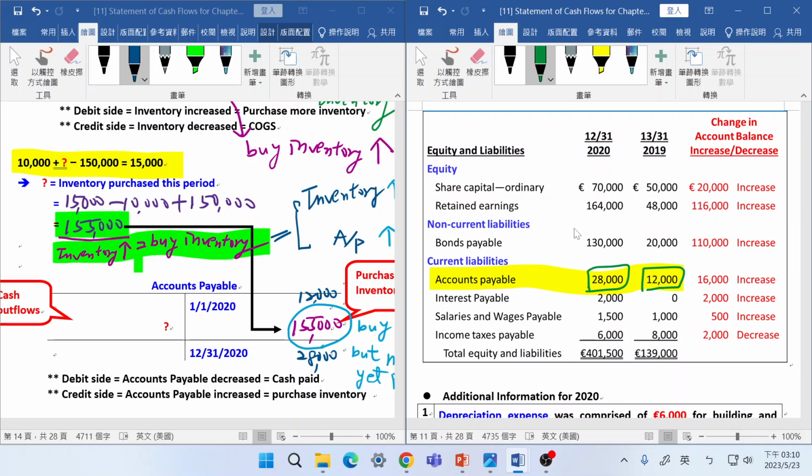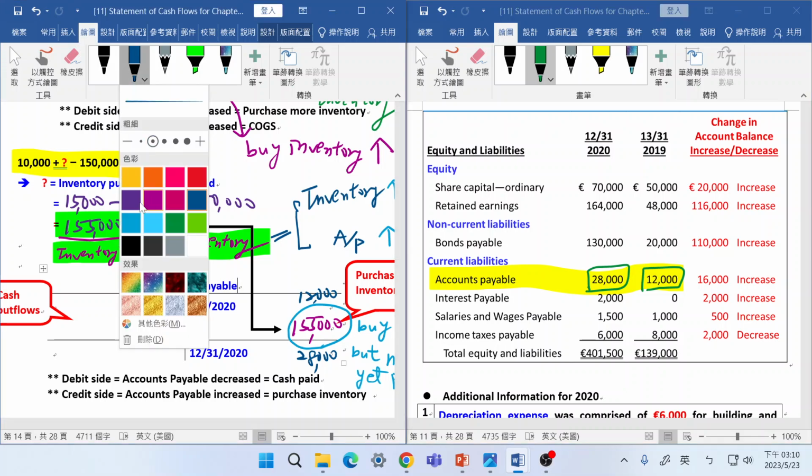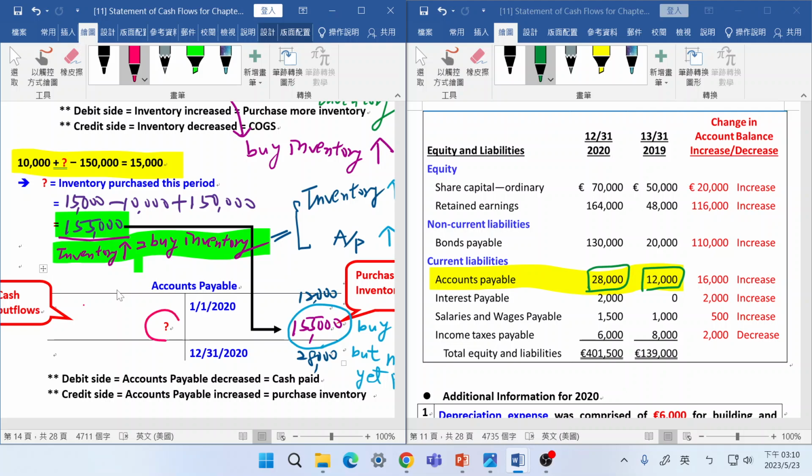So you just copy it into your T account. So you know the beginning and ending, and you know the reason that made your accounts payable increase. So could you tell me what's the reason that made your accounts payable decrease? When you pay cash to suppliers, right? So accounts payable decreases when you pay to suppliers.